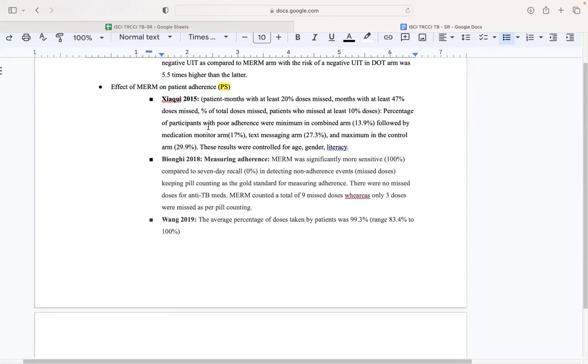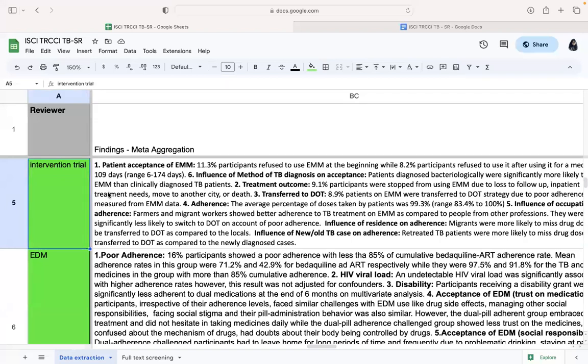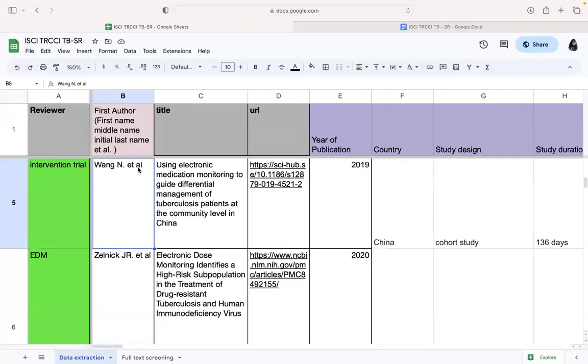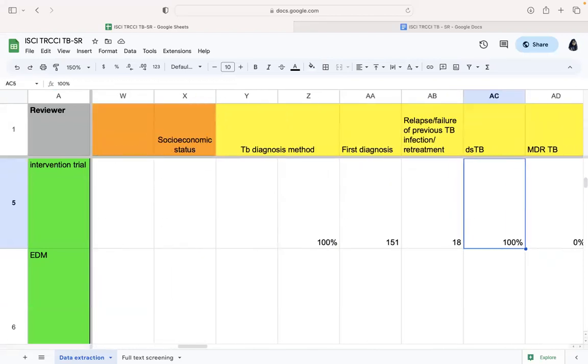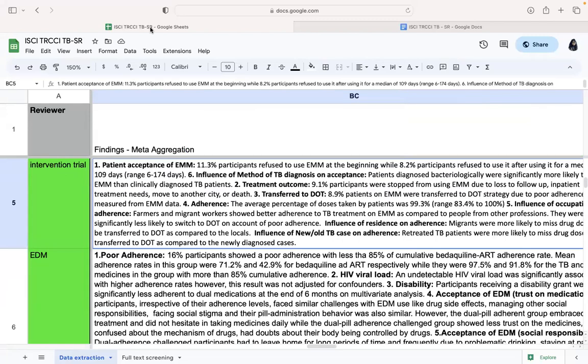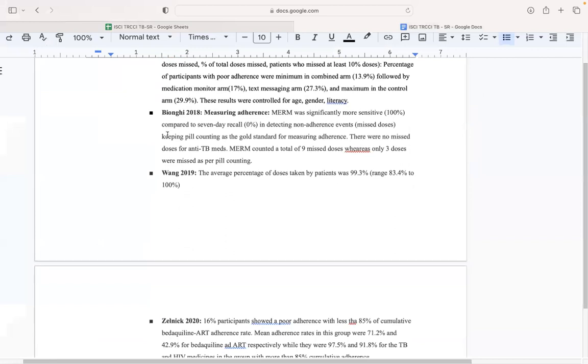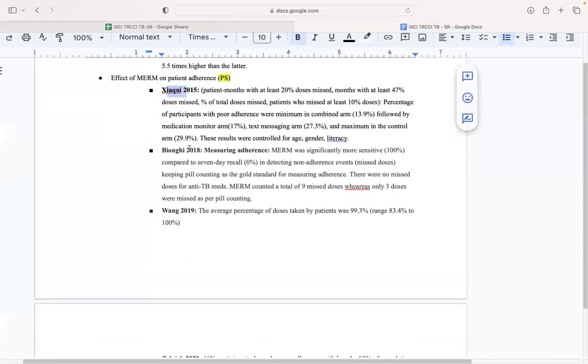So let's also find, basically, how much adherence was there? Let's see who the author is in our paper. Wang, 2019. So our paper will read Wang 2019. I'll just go through it then. There you go. So about adherence, this is another author, Wang 2019, right?